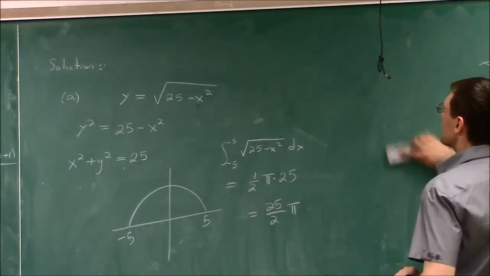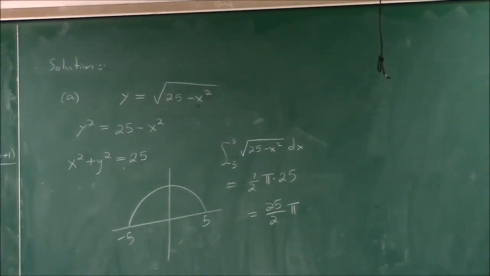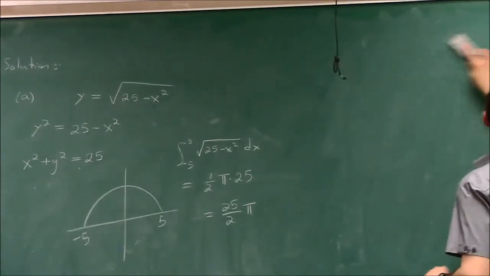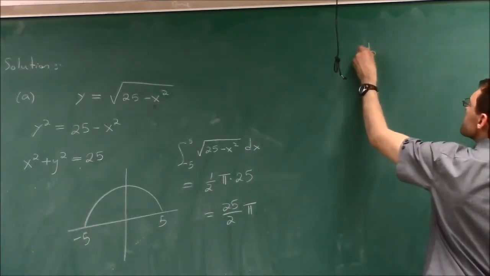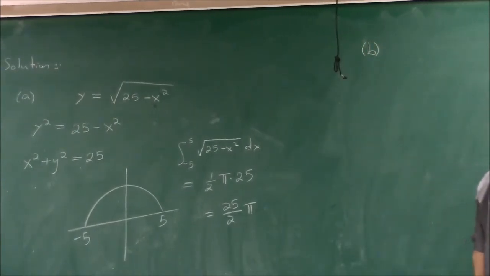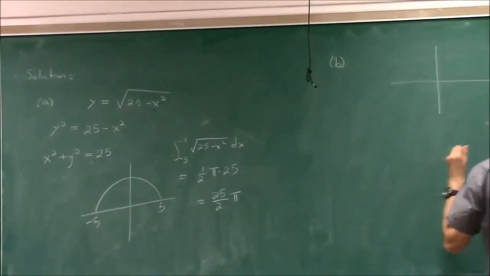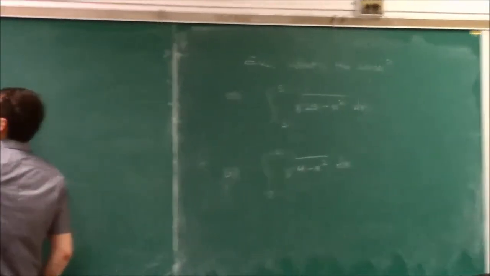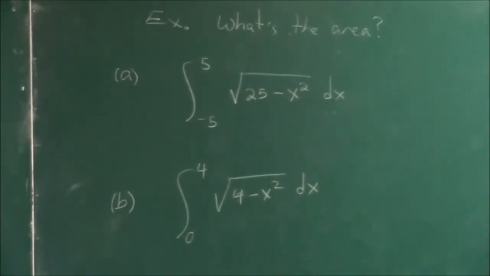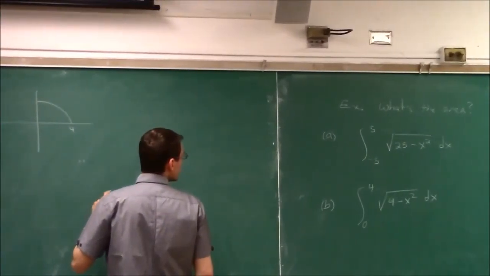What is then B? B, very similar picture, except what? Except it's from 0 to 4. And that would be a quarter circle of radius, what?